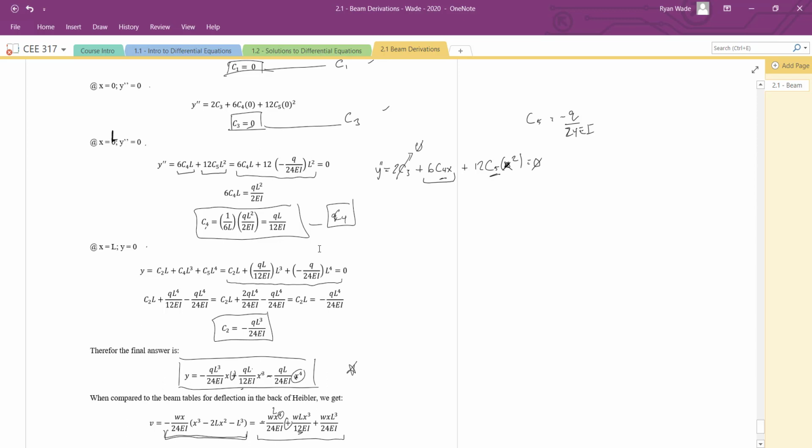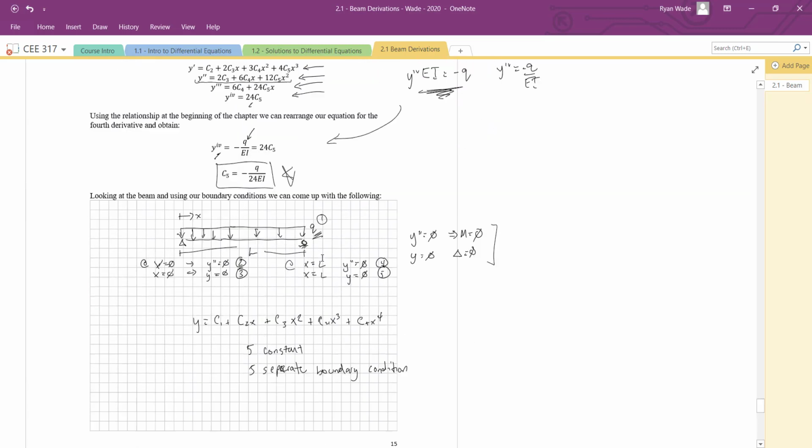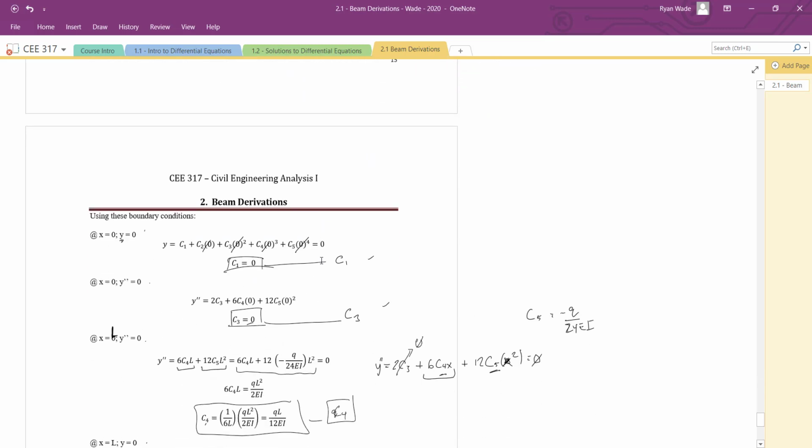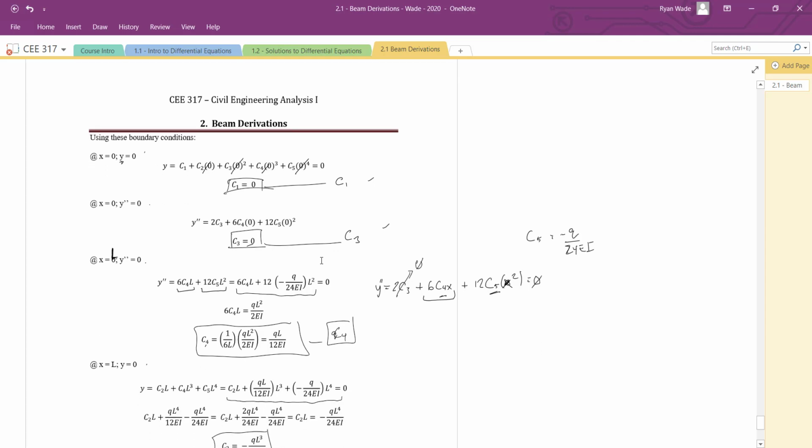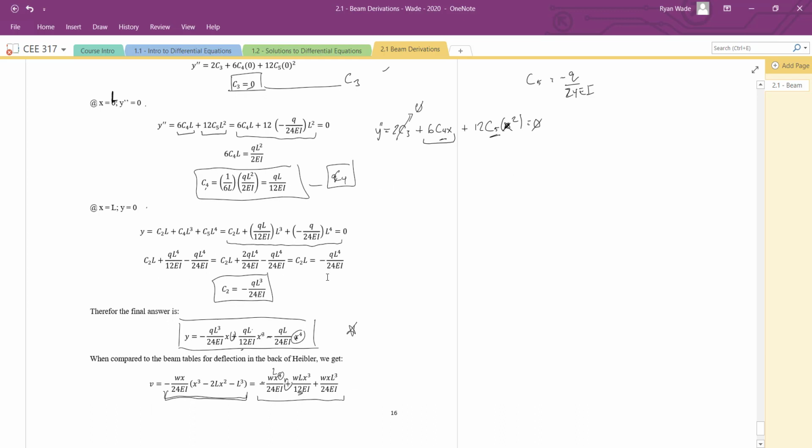I've got to double check something here. C5 or C2. I did a plus or minus wrong here somewhere. I think I copied this one down wrong, I'm sure. But anyway, if we compare it to the textbook, we get the same answer, which I should have copied down properly, but I didn't.